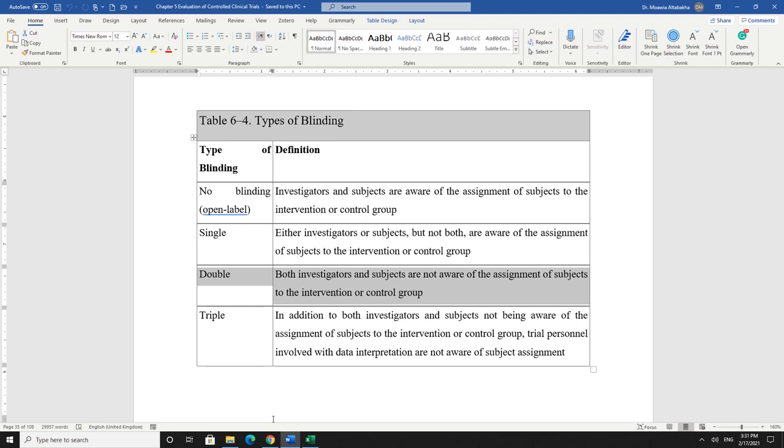Now someone will ask me, then who's aware? I will tell them, after the controlled clinical trial is done and everything is complete and they have analyzed the results, then they will disclose the assignment for each one.